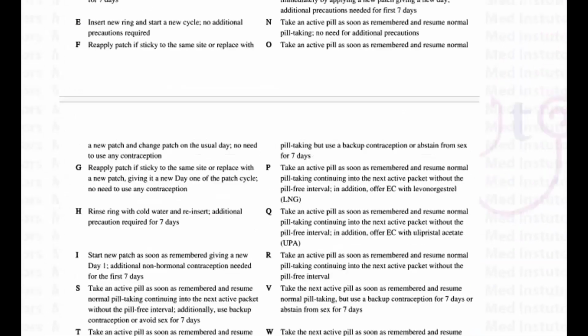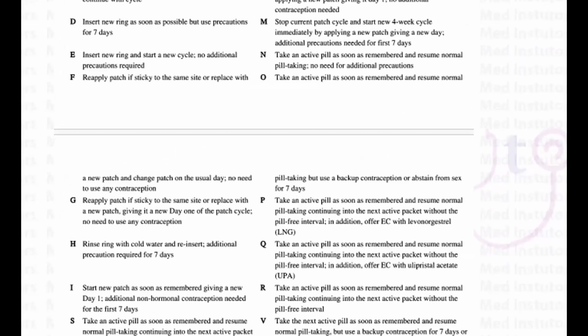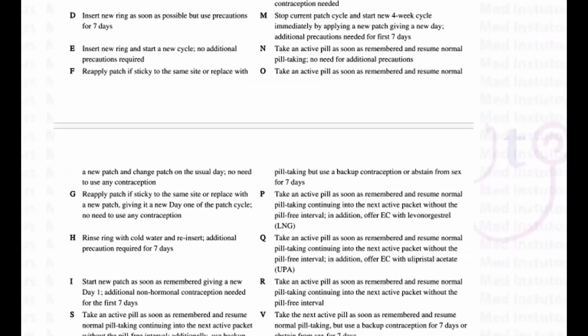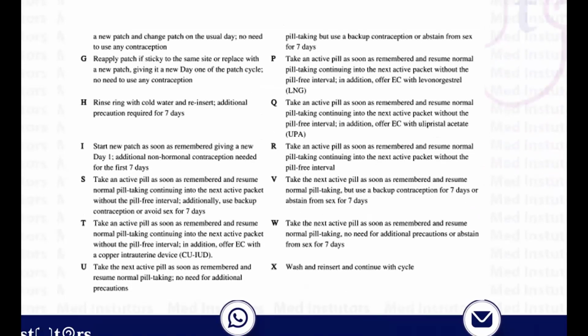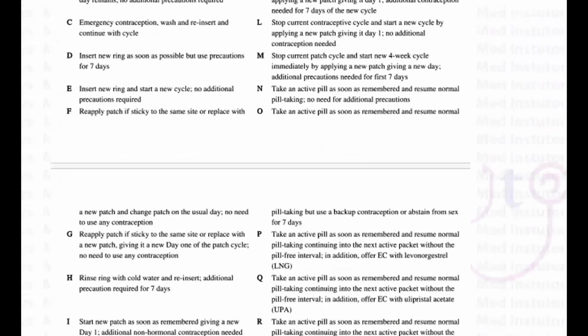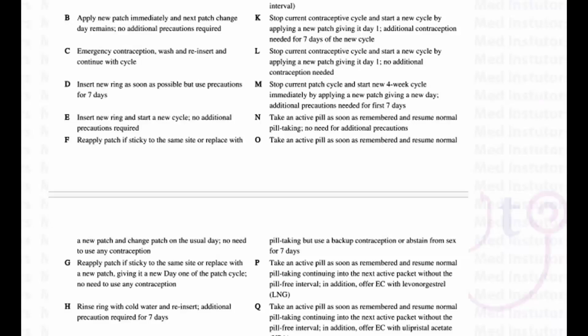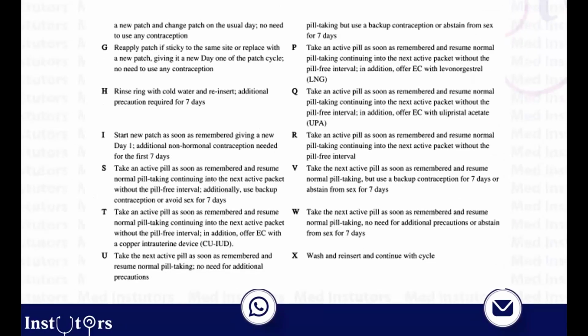I don't know what they have done here. They have given N, take an active pill as soon as remembered and resume normal pill taking. No need for additional precaution. And they have actually marked U as the answer, which says take the next active pill as soon as remembered and resume normal pill taking. No need for additional precautions. Instead of just saying take an active pill as soon as remembered, it is saying take the next active pill as soon as remembered.